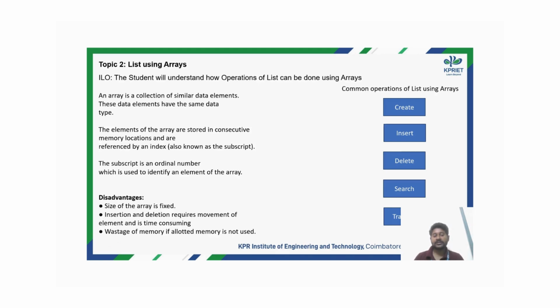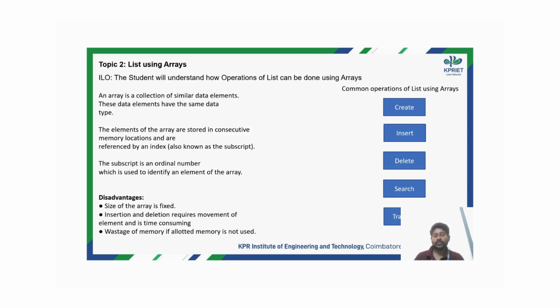First, list using arrays. We know what an array is, right? A set of elements of the same type will be placed together in a set of boxes. The boxes are addresses, we can say. After this, as I previously said, the student can understand how operations of list can be done using arrays. An array is a collection of similar data elements, and these data elements have the same data type.